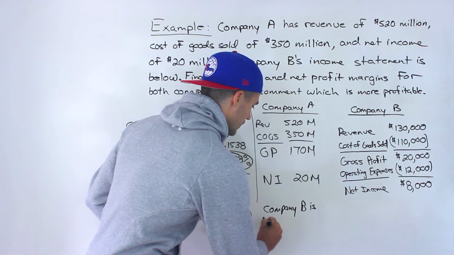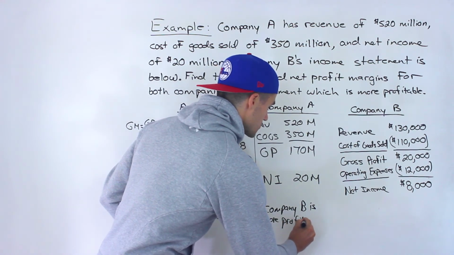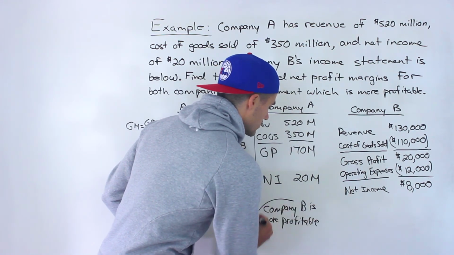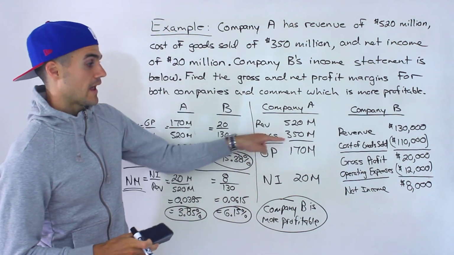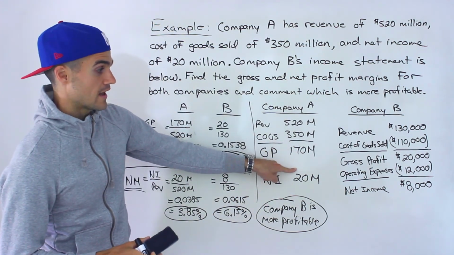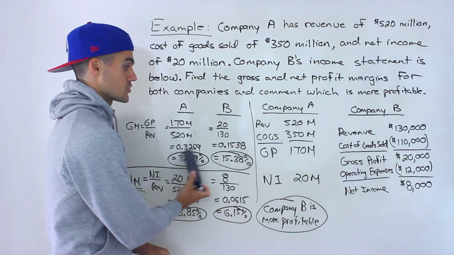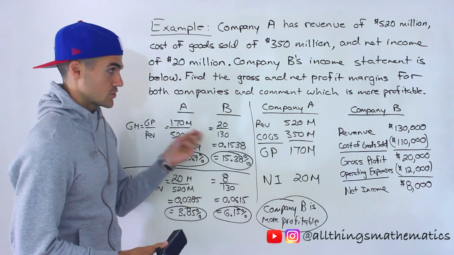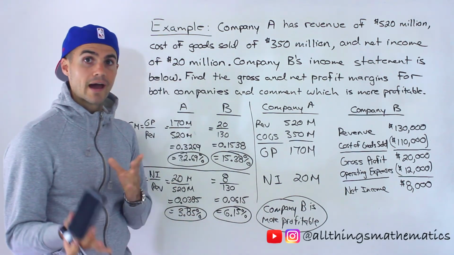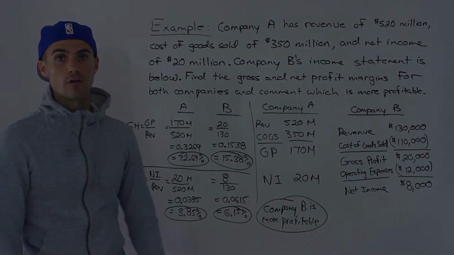So just be careful on a test here, because if this is maybe a multiple choice question, you may have answers like company A is more profitable because their net income is 20 million versus 8,000, or because their gross margin is higher. But again, if they're asking for which company is more profitable, you want to look at it on a relative basis, meaning percentages, and you want to look at the net profit margin.